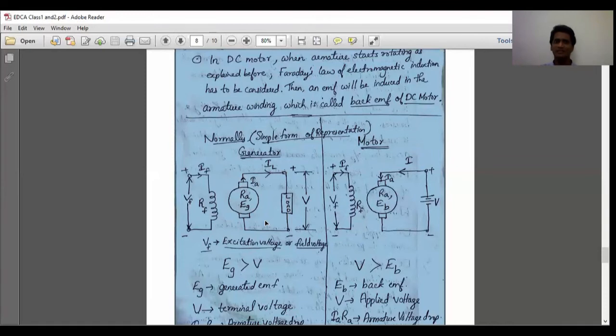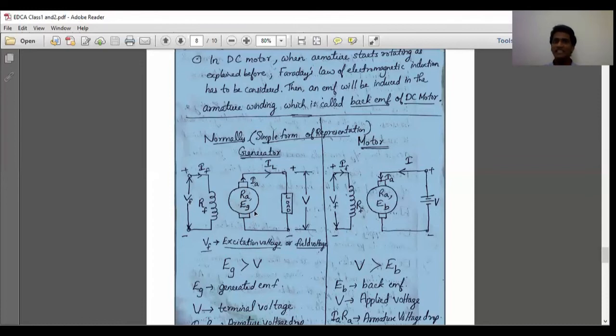Always keep in mind the generated voltage will be greater than the terminal voltage. Why? Because whenever a current is flowing through a resistor, there will be a voltage drop. As you know, V is equal to I into R. Here, IA is the current flowing through the armature, and the armature has a resistance RA. So there will be a voltage drop called IA into RA.